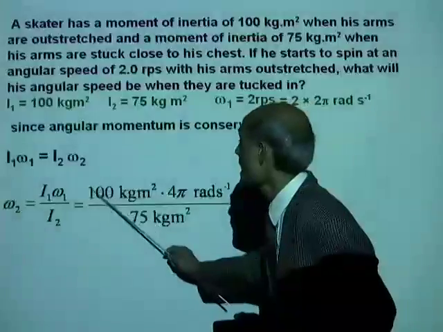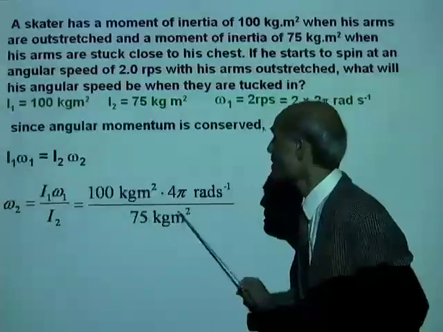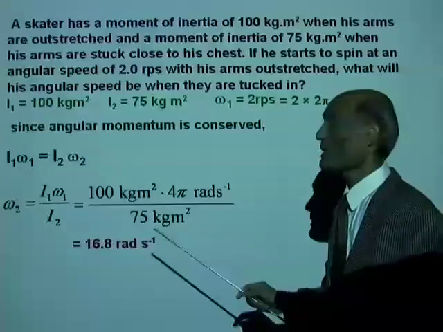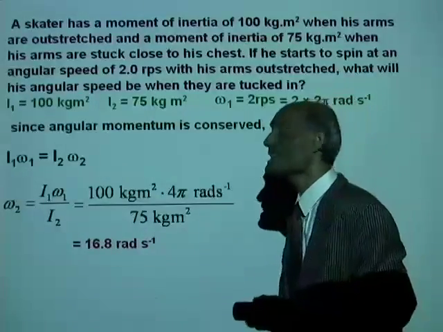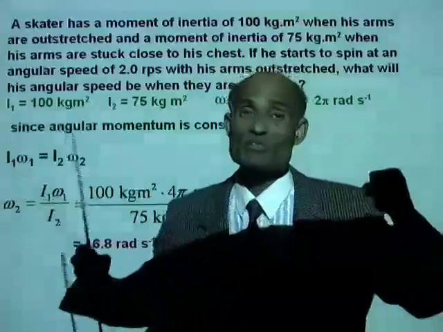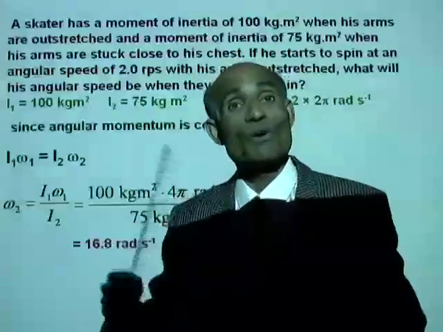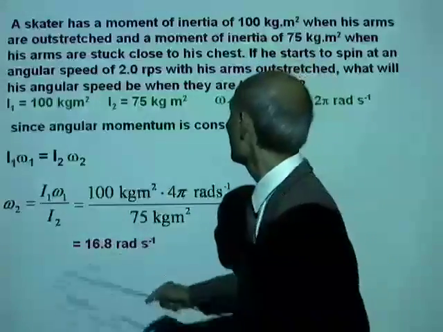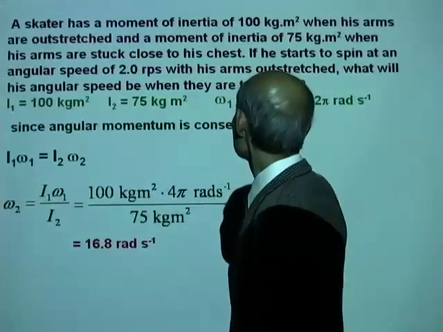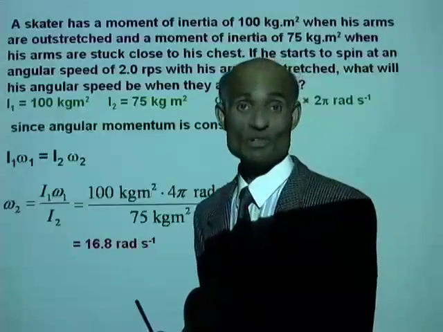I1, omega 1, and I2 we know. And that will be 16.8 radians per second, and that's the reason why the skater will now go faster. It's much bigger than the earlier angular velocity.